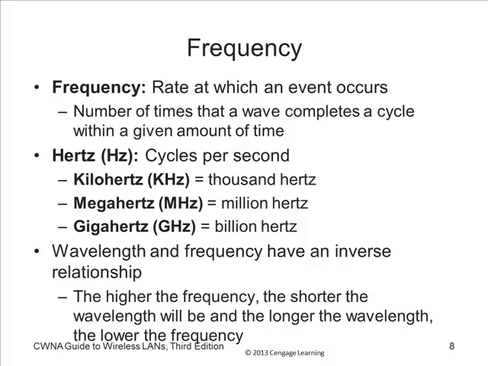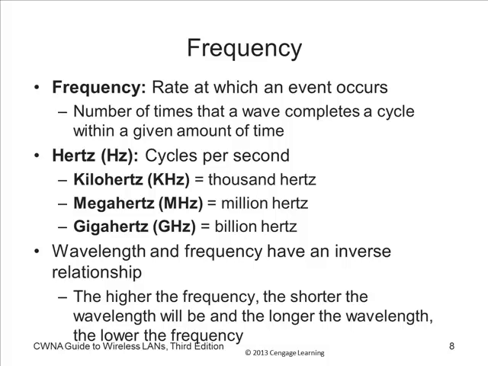Hertz, cycles per second, kilohertz, thousands, mega, giga, million, billion, on up. The wavelength and the frequency have an inverse relationship using the speed of light. So the higher the frequency, the shorter the wavelength, the lower the frequency, the longer the wavelength.